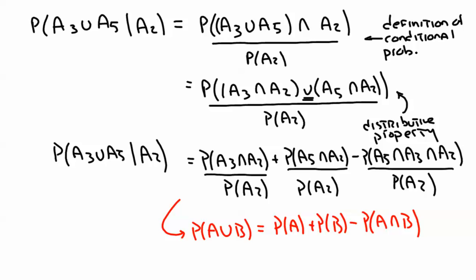All right? Now, I'm going to put a star beside this relationship because I'm going to come back to it in just a minute and make a further observation. Let's go ahead and finish the problem.